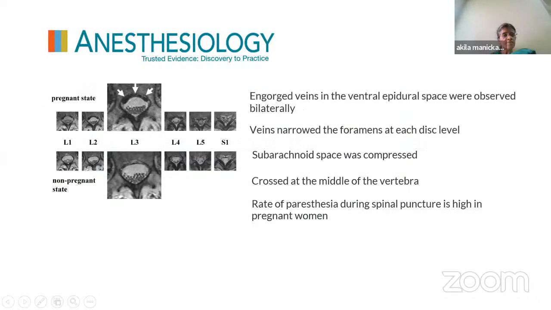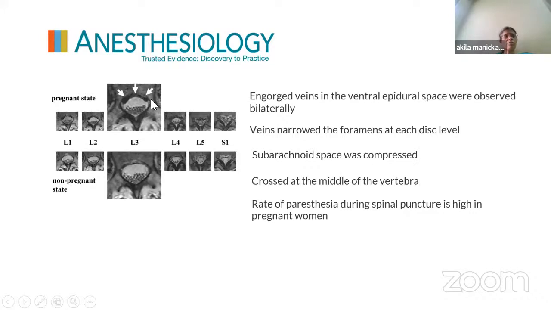And this is a study where they have done MRI of parturients, where the vertebral venous plexus were studied. When you look at these white arrows, these are the vertebral venous plexus. They are engorged veins in the ventral epidural space, and they are present bilaterally on both sides.